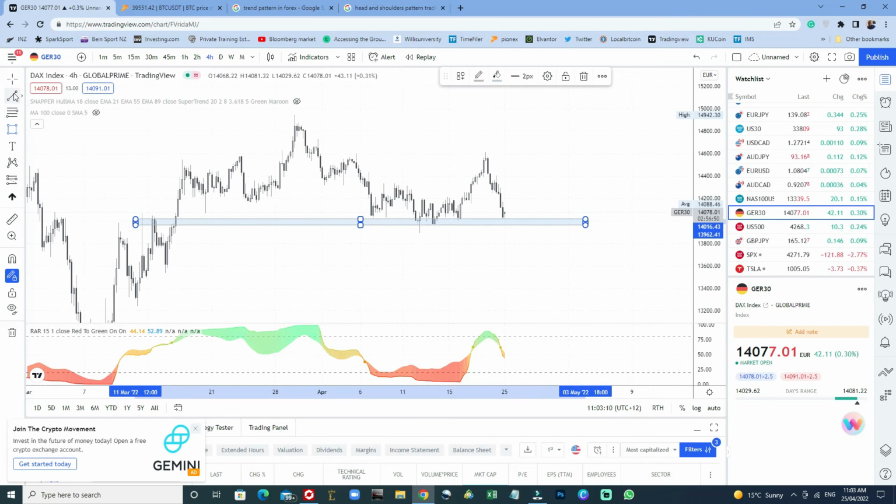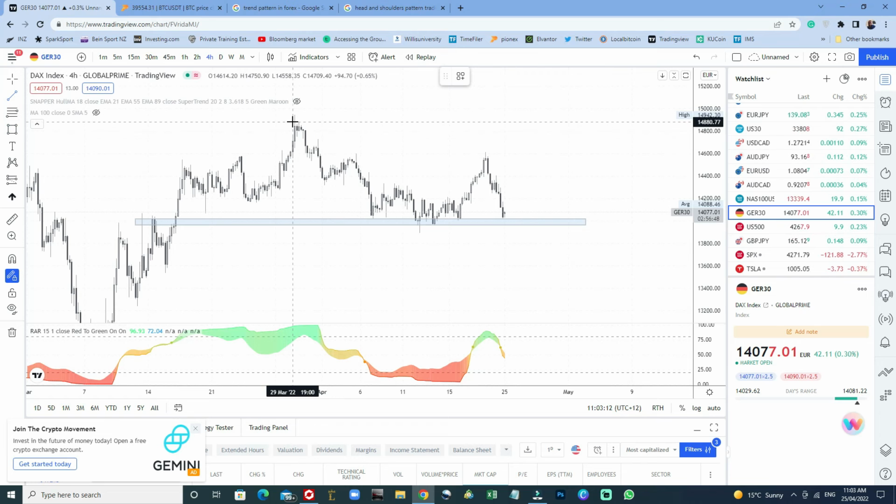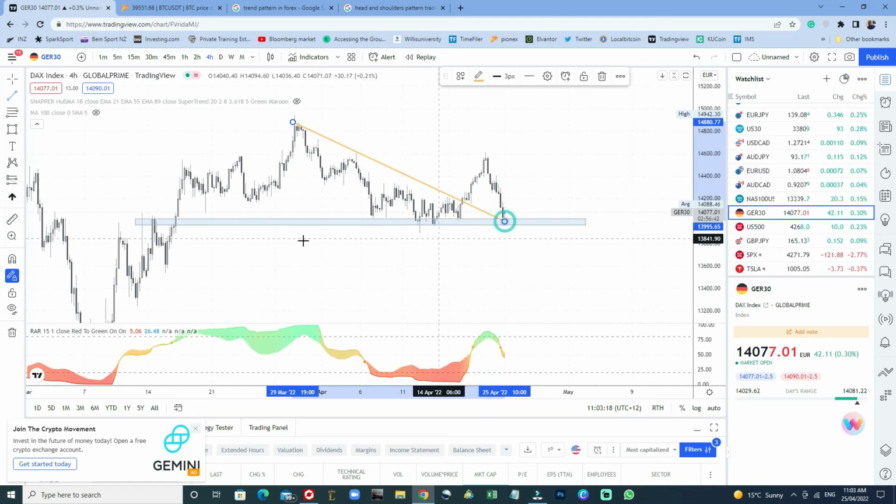But I can do some analysis here just to show that the market has been showing a sign of bearishness here. You can see it broke and came down.